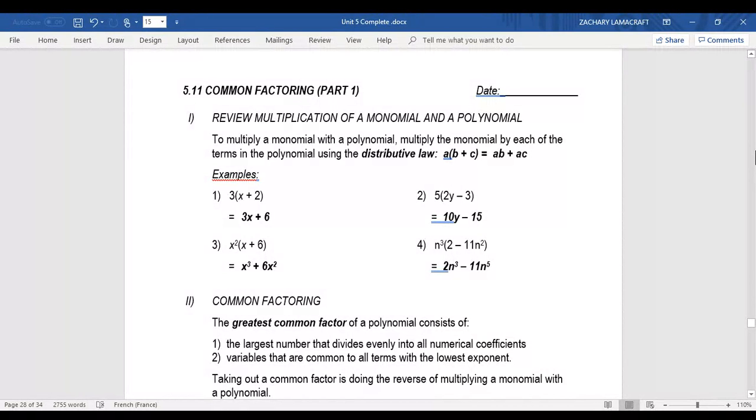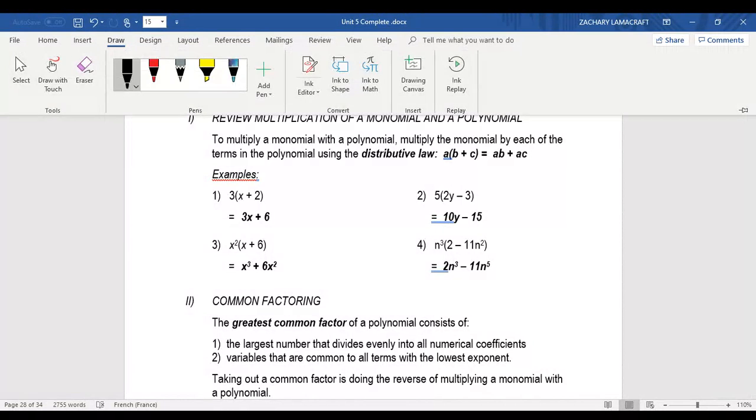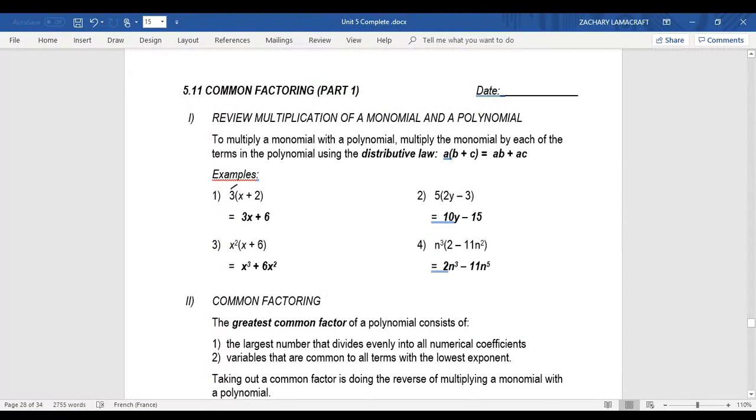So to multiply a monomial with a polynomial, you must multiply the monomial by each of the terms in the polynomial using the distributive law. Or what you've seen before is just that the number on the outside has to be multiplied there, and it has to be multiplied here. So once again, if we look at that example, 3 times x is 3x, and 3 times positive 2 being 6.